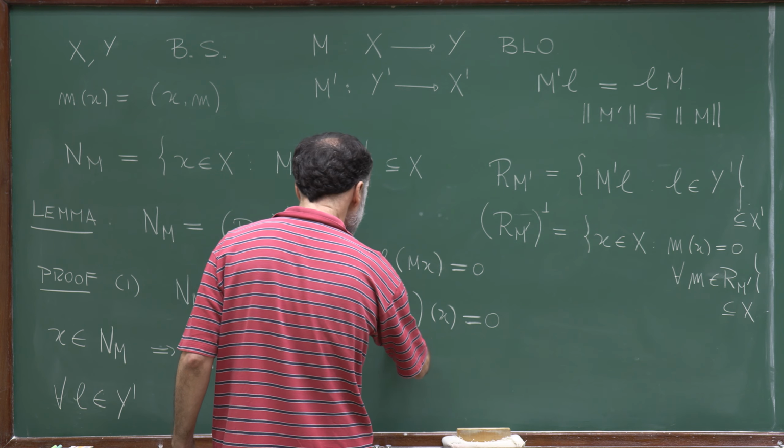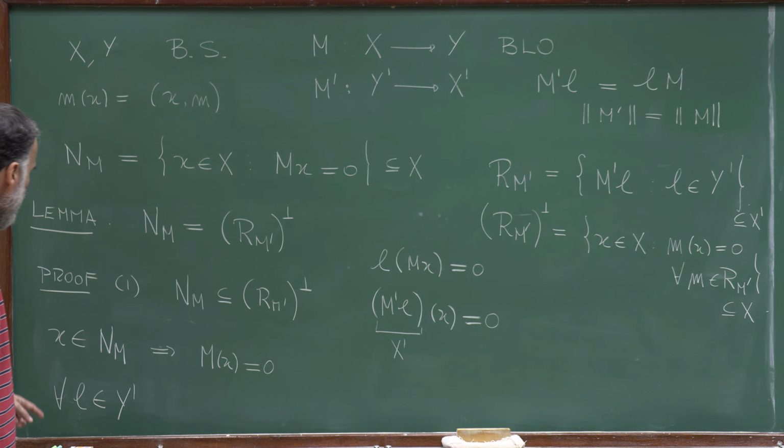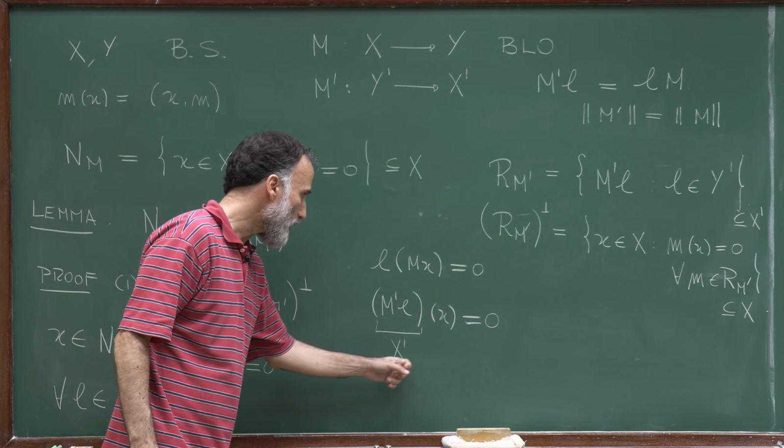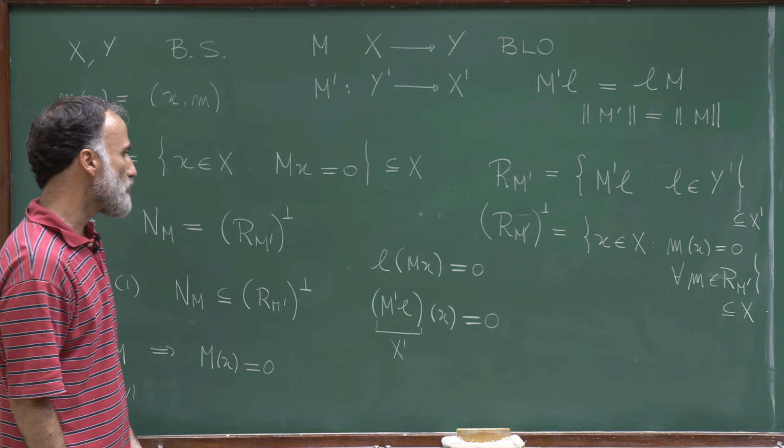So this is an element of X prime. And what we are saying is that this element of X prime, applied to X, is equal to 0.